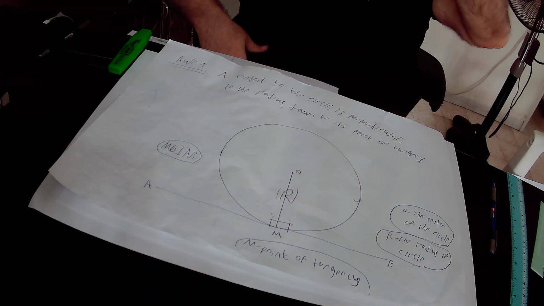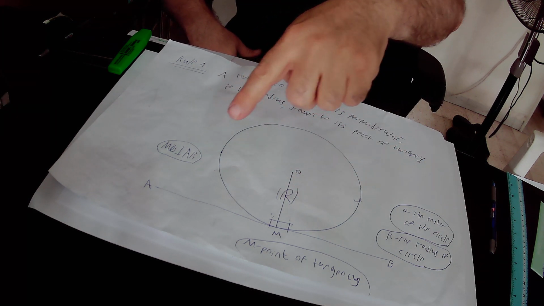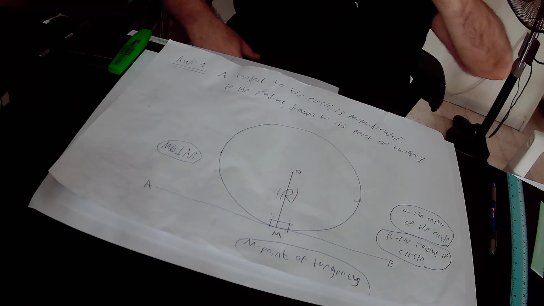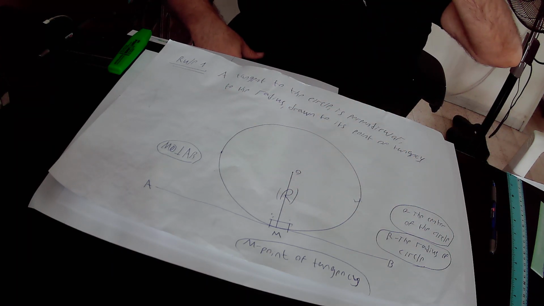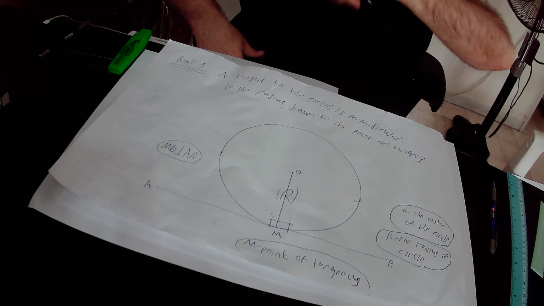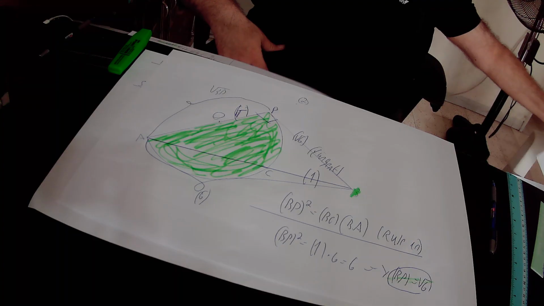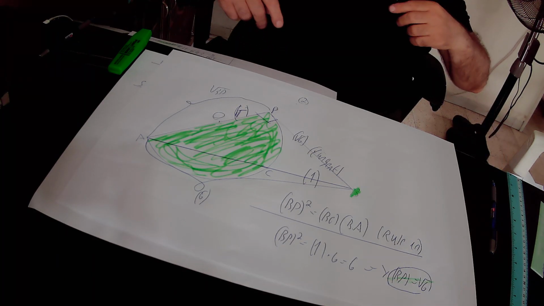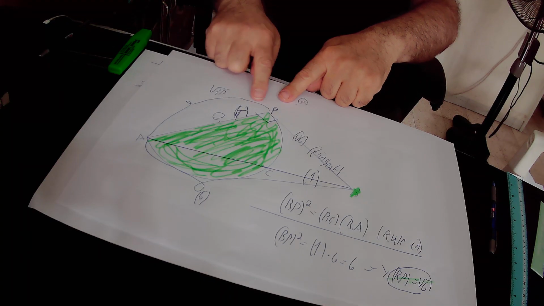So whenever we have a line segment that is perpendicular to the radius, then the line segment must be defined as a tangent. So we can implement rule 1 in our drawing. In our drawing, this is line segment BP that is perpendicular to the radius PO.